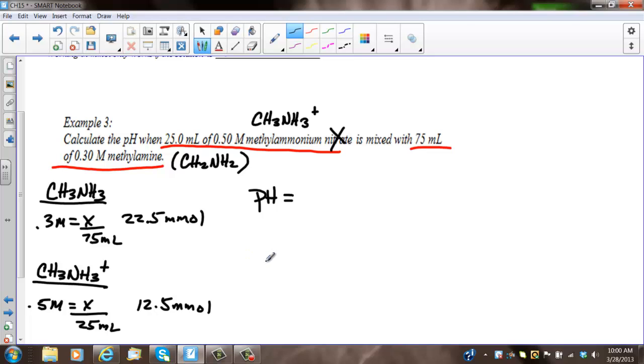Well, we have a couple of things going on. First of all, this is a base. Oh, I wrote this wrong. That should be NH2. Sorry to have confused any of you. All right, so this is my base. So the Kb of CH3NH2 is equal to 4.38 times 10 to the negative 4.